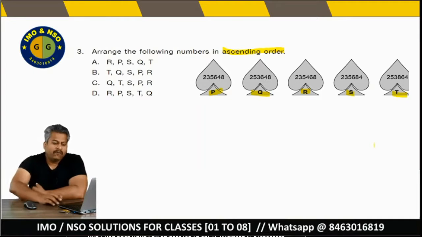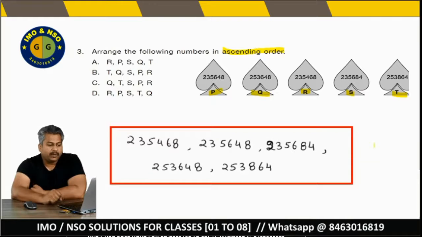If we arrange them, the first value will be 2, 3, 5, 4, 6, 8. After that, 2, 3, 5, 6, 4, 8. After that, 2, 3, 5, 6, 8, 4. Then 2, 5, 3, 6, 4, 8 and 2, 5, 3, 8, 6, 4.